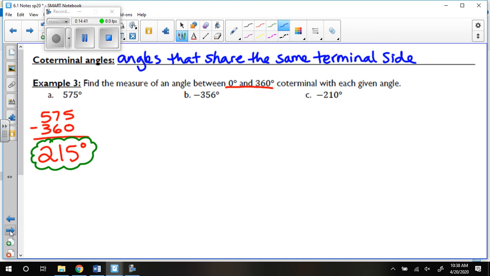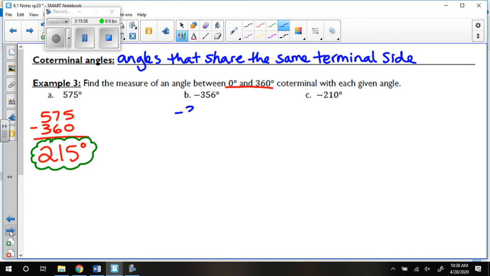Okay, for negative 356, I'm trying to get this number, 356, to be below 360. Now, since this is a negative angle, I need to add 360 to it so that I can start heading towards a positive angle measure.